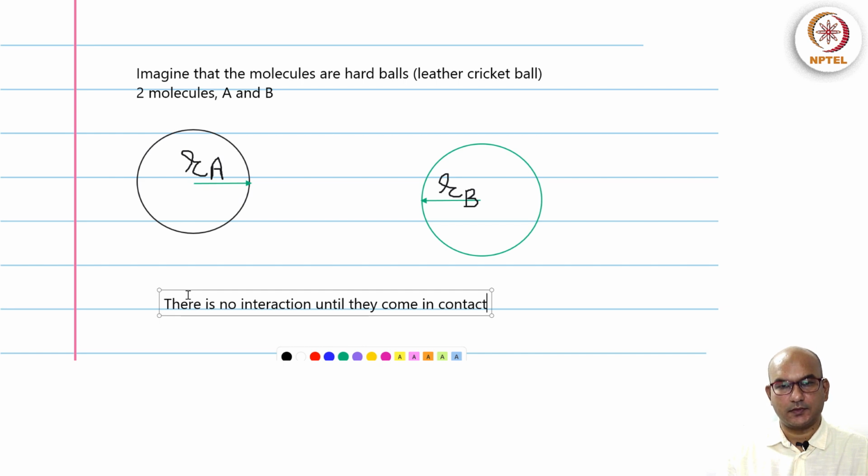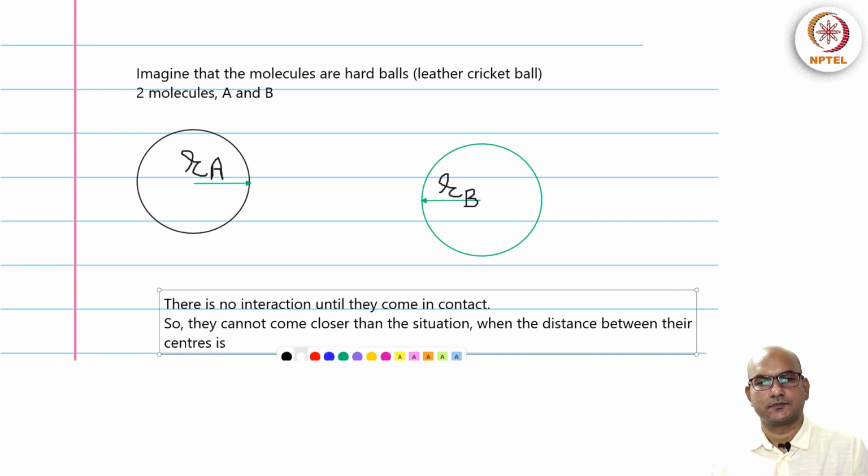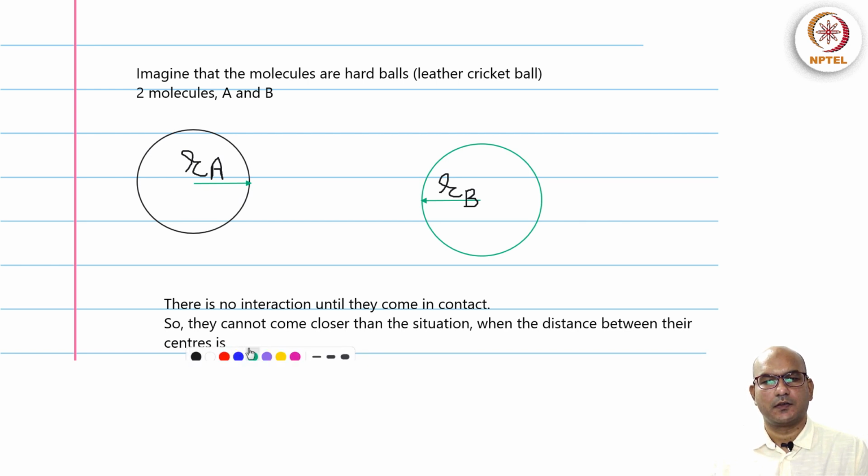But these are also solid spheres, so they cannot come closer than this situation when the distance between their centers is RA plus RB.